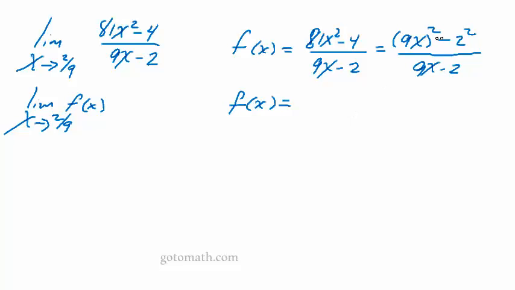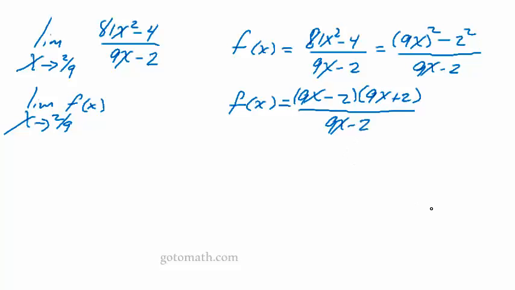This is the difference of two squares, and it can be rewritten as 9x minus 2 times 9x plus 2, all over 9x minus 2. Now we can cancel some stuff out here.